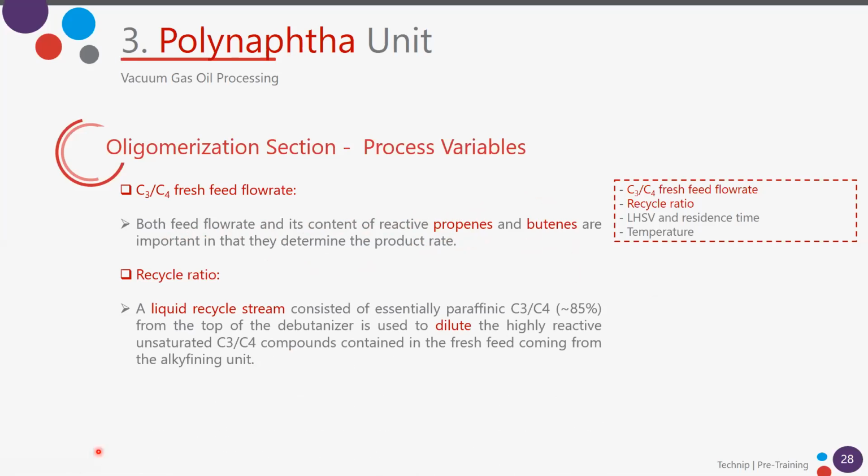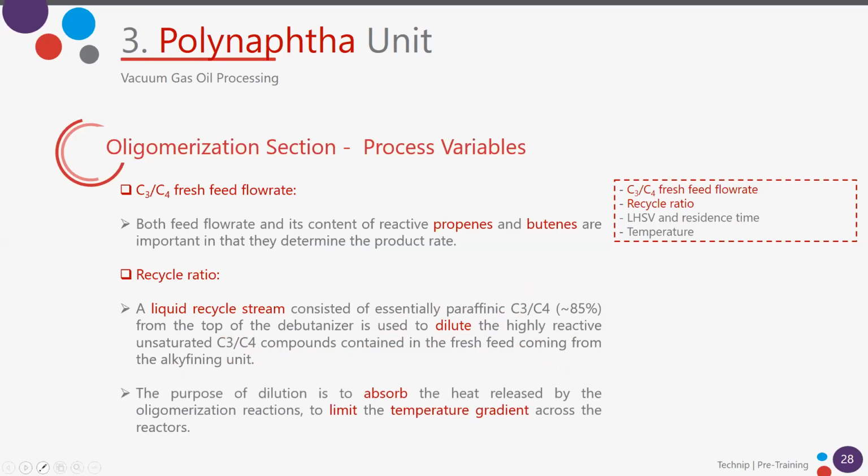The recycle ratio: from the top of the debutanizer, we will get a C3, C4 stream that is essentially paraffinic, saturated alkanes. It is used to dilute the highly reactive unsaturated C3, C4 compounds contained in the fresh feed coming from the alkylation unit.